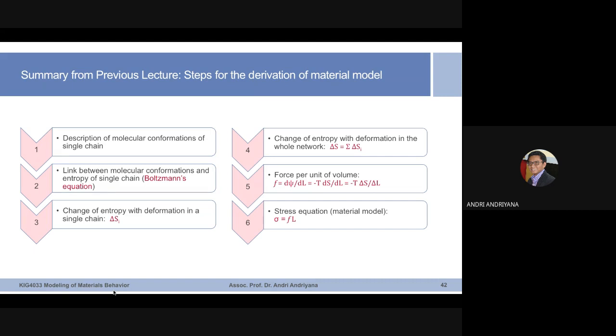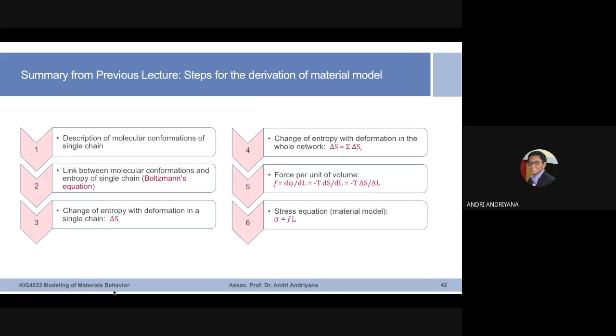Which means that in order for us to use Boltzmann's equation relating the molecular conformation or molecular shape in a single chain to the entropy as given in number 2, we need to move backward one step. We need to be able to describe the molecular shape of a single chain.